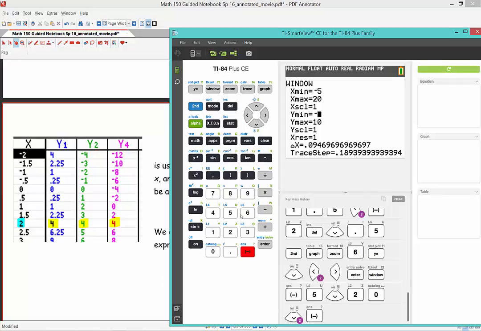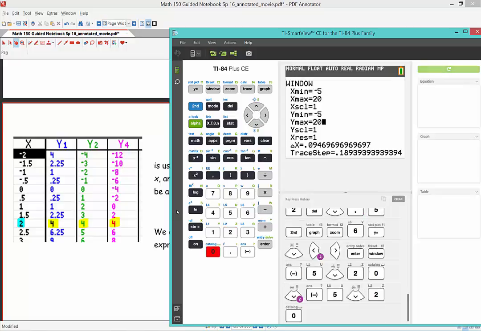We'll go -5 to 20 for the y values, and the x values will just go until we get to 5. And let's see what this looks like.